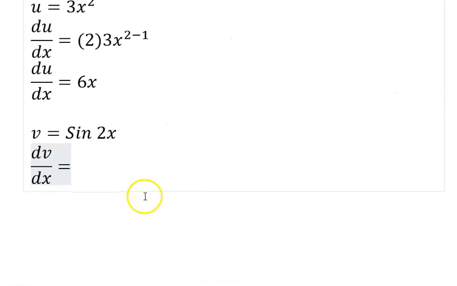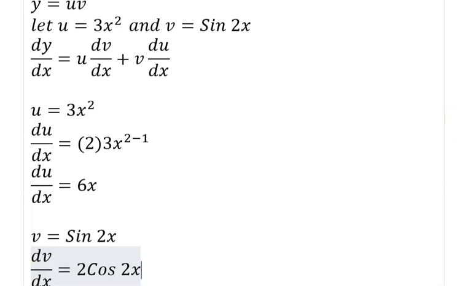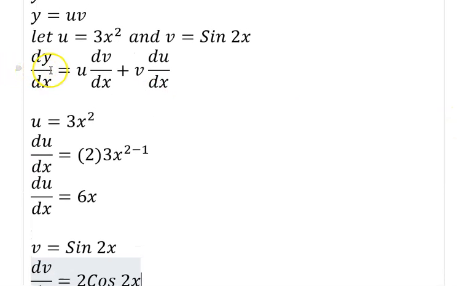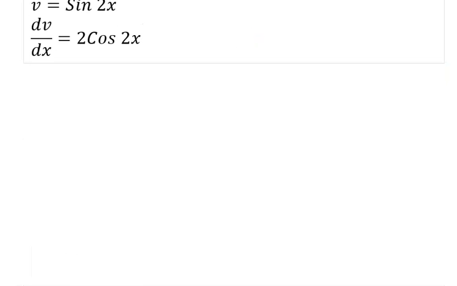So if we differentiate sine 2x, it's going to give us 2 cos 2x. Beautiful. So we've been able to get our parameters out. So let's now differentiate using our product rule formula.